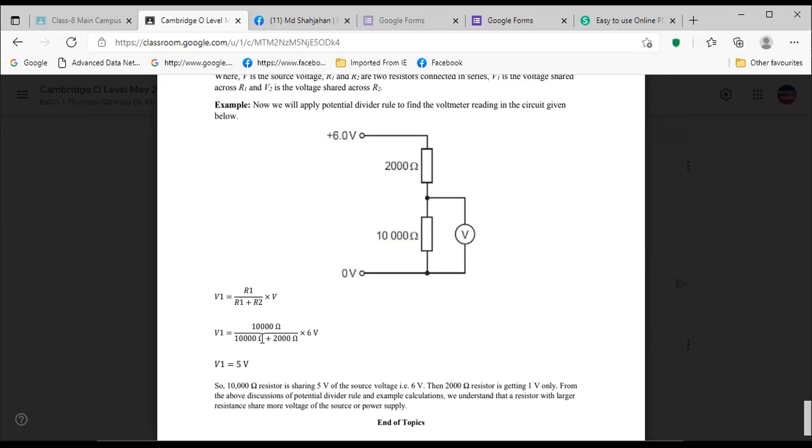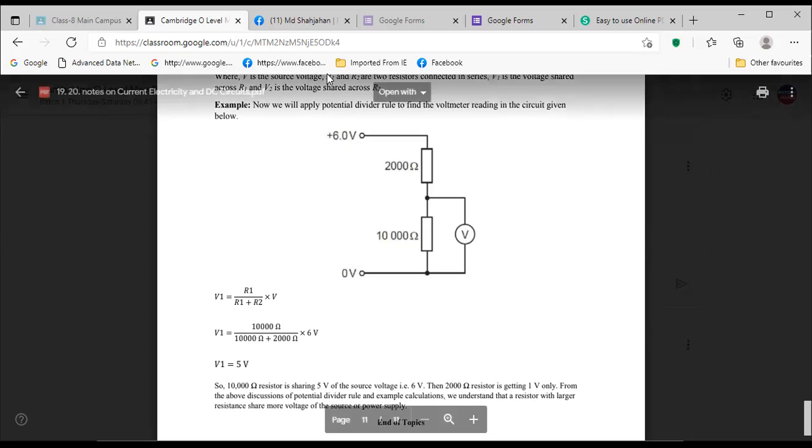Then 10,000 by 12,000, if you get the ratio, it comes 5 by 6, right? If you simplify it, it comes 5 by 6. So 6 can be cut, then we have 5 left. Have you understood now? Yes, sir.